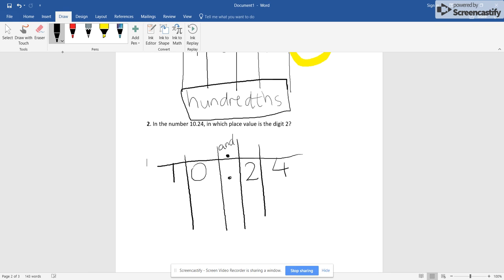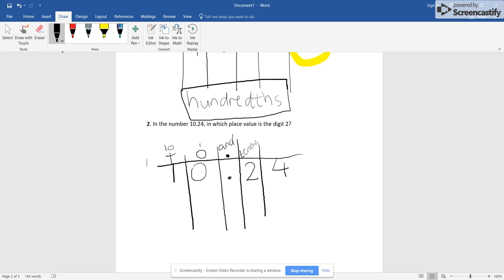That's right. To the left of the decimal is the ones place, so we put a 1 on top. To the left of the ones place is the tens place, so we put a 10 on top. And on the right of the decimal, we have the tenths place.